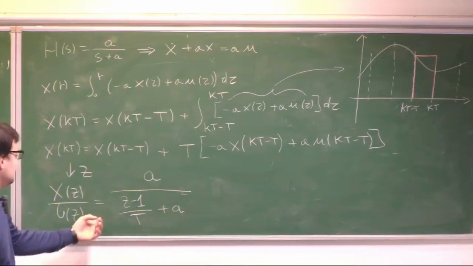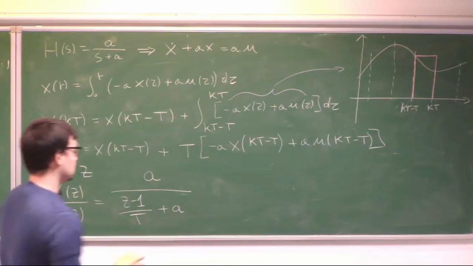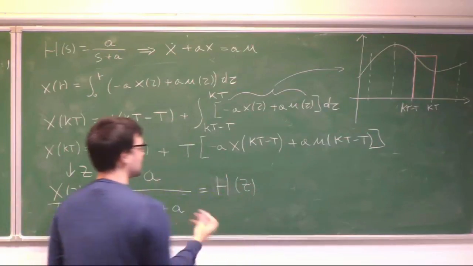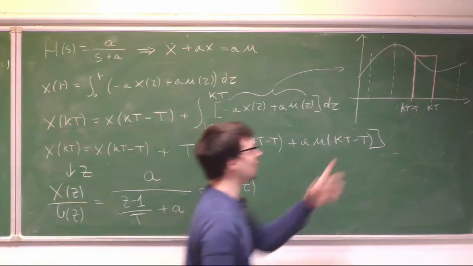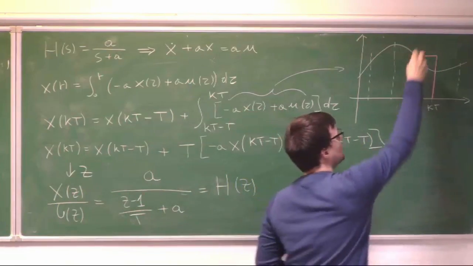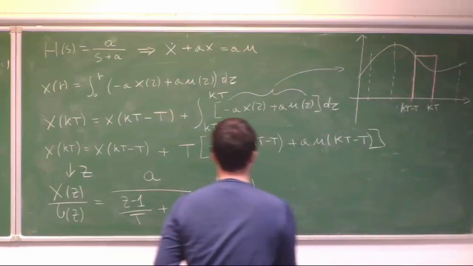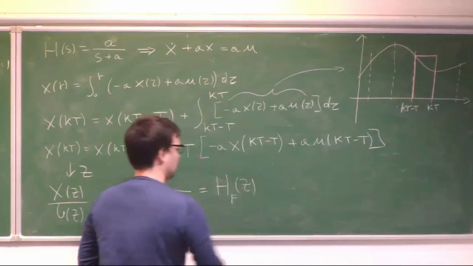So you should obtain this transfer function, okay, and so this is H of z approximated using this forward rule, okay? So you put yourself here and you look forward, okay?